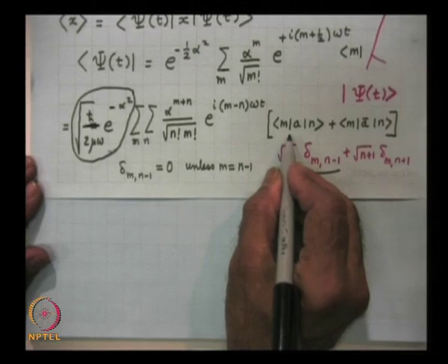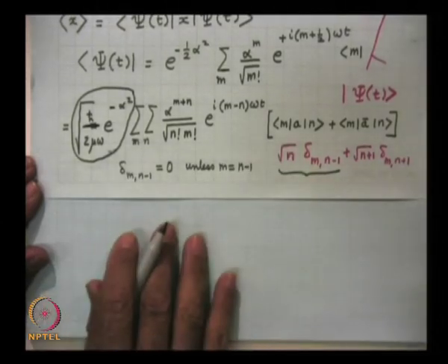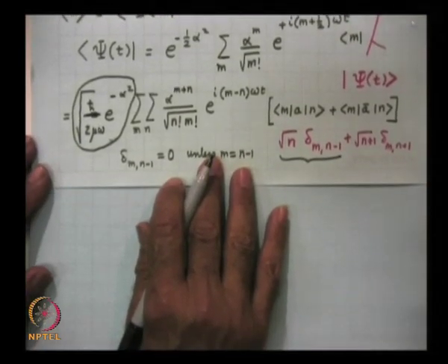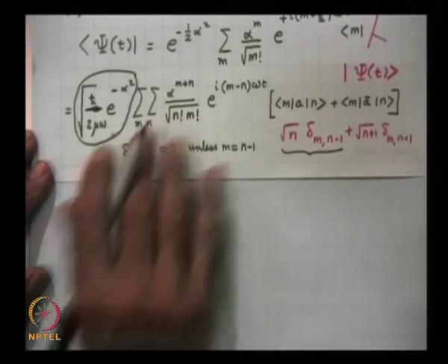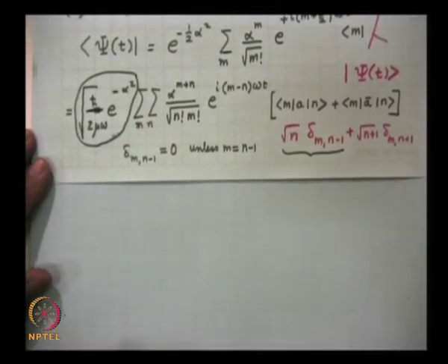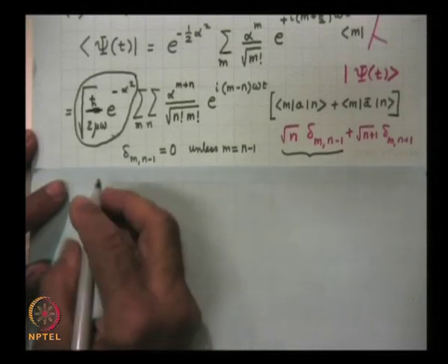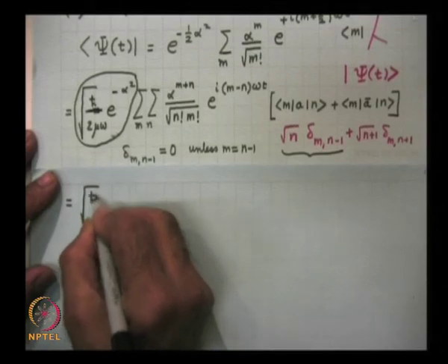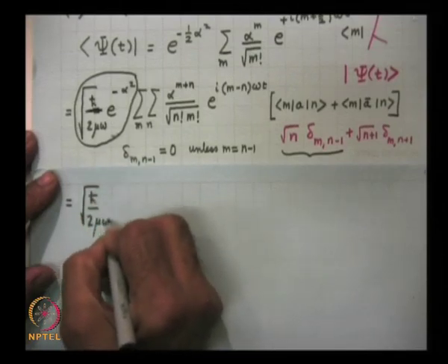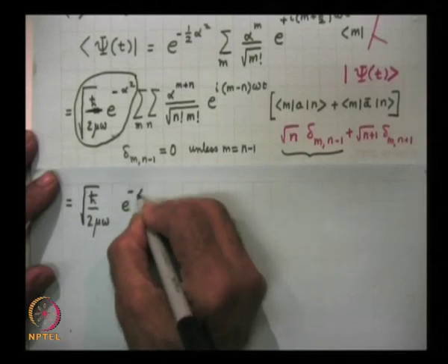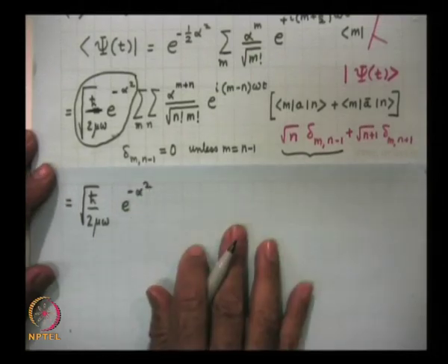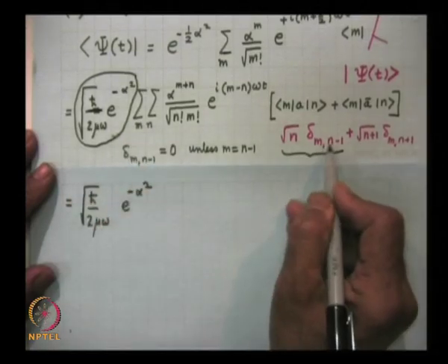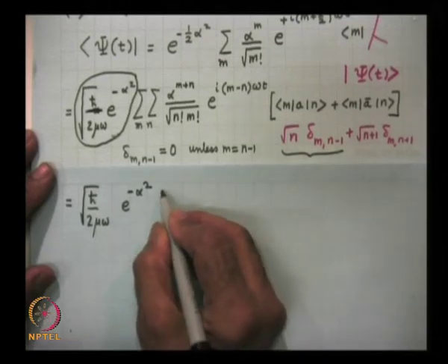Therefore, if I take the first term here, we will obtain, let me write it down like this, h cross by 2 mu omega e to the power of minus alpha square. I sum over m first. So, only the m equal to n minus 1 will survive.